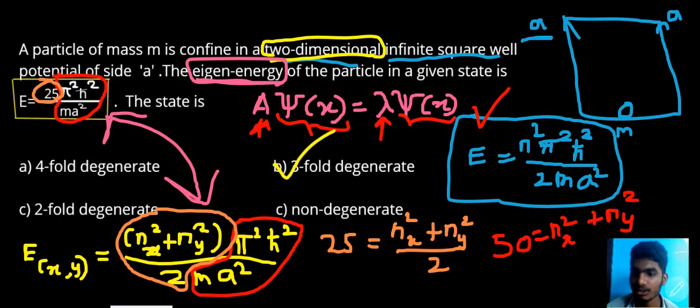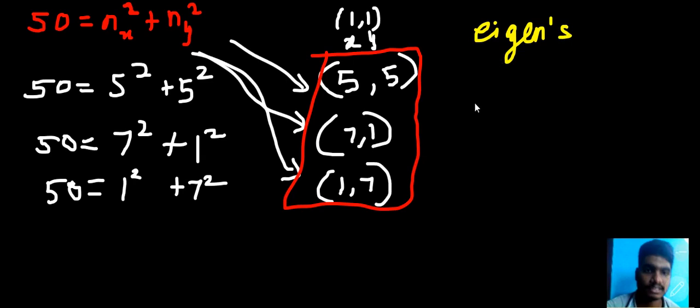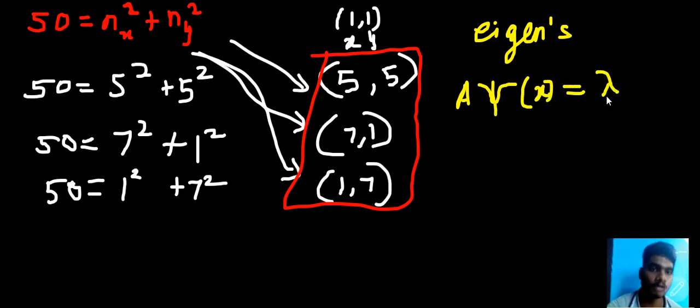Now I am showing the eigenvalue equation. The eigenvalue equation can be written as: this is the operator, and psi of x is the operand, which is equal to a value provided by the operator acting on the operand, and the operand should be repeated again.